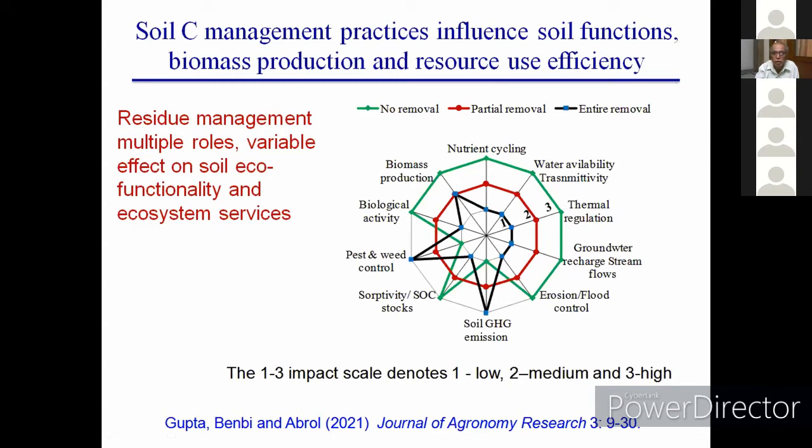You try to minimize those, particularly pest control. You may need better options for that. Otherwise, it is probably clear that when you bring the carbon back through residues, or manage residues in such a way that they remain in the field, most of the processes which affect resource efficiency are optimized, and we are working toward better soil health.